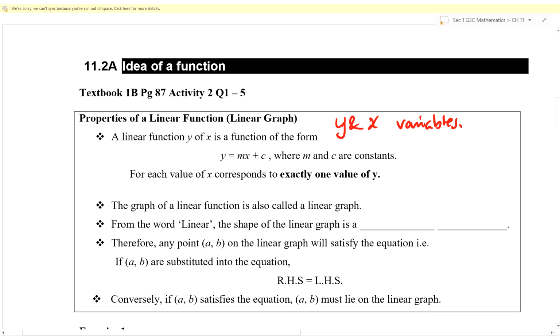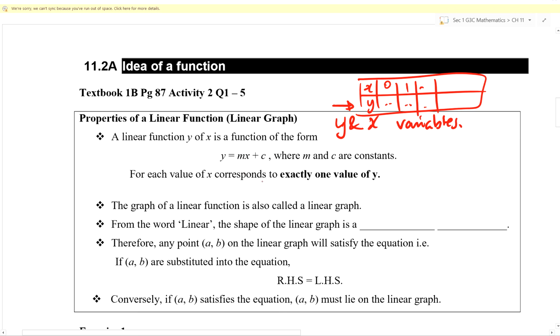They can take any form. In our table, we every time have x and y. When x equals 0, y equals something. When x equals 1, y equals something, and so on and so forth. These are our variables. The value of y is determined by both the variable x as well as what you multiply x by and what you add to it. We'll look at it a bit more later on.